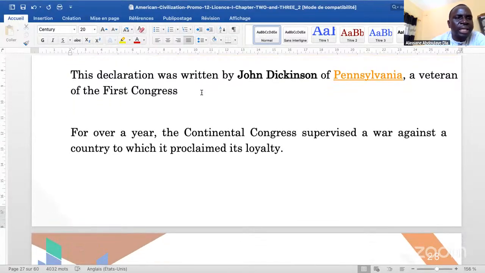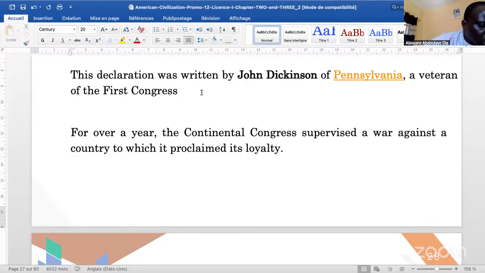And they are going to say in the declaration of causes and necessity of taking arms why they want to take arms. This declaration was written by John Dickinson of Pennsylvania. And John Dickinson was a veteran. John Dickinson participated in the First Continental Congress. So the First Continental Congress was a big step.